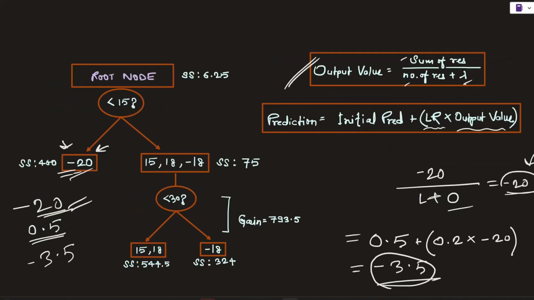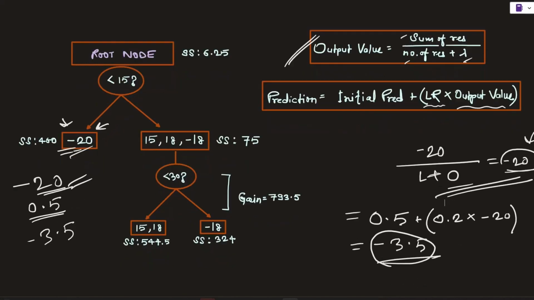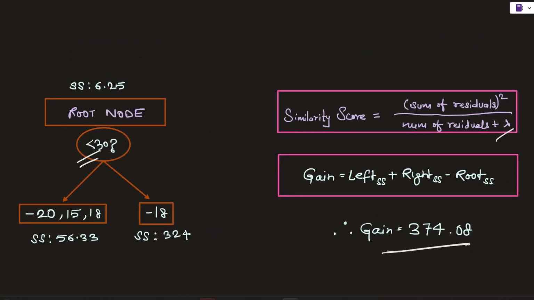Then using a specific formula, we calculate the output values for the remaining leaf nodes, the way we have done here. And lastly, we have also discussed that lambda is a regularization parameter, and when the lambda value is increasing, it results in more pruning by shrinking the similarity score and gain value.